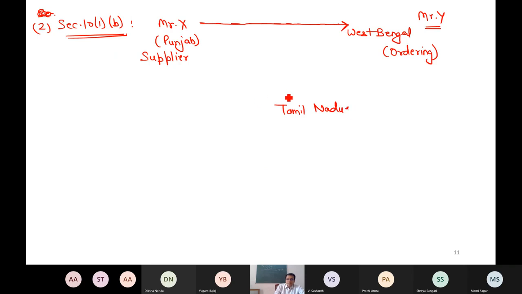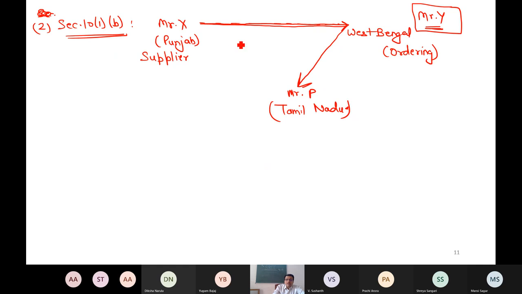For example, I have my customer in Tamil Nadu, Mr. P. Now X does not know Mr. P, X knows Mr. Y, and Mr. Y knows Mr. P. But why, as a businessman, Mr. Y, what will I do? Why will I first bring that order to my shop, and then it should go to Mr. P's shop?